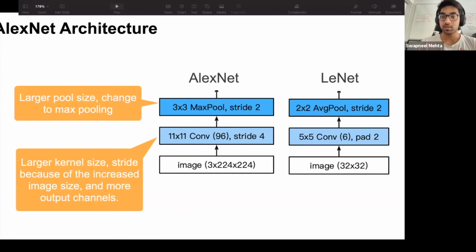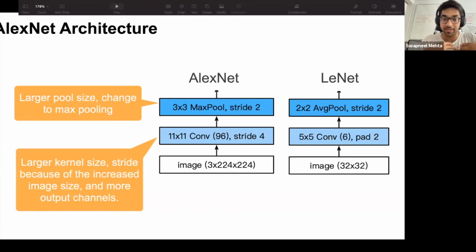Cool. So again, bigger kernel sizes and a larger pool size. You have bigger feature maps, so you want to aggregate across them, so you have larger pool sizes. That ties in with each other. And you need bigger convolution sizes because now you have higher definition, more complex images.